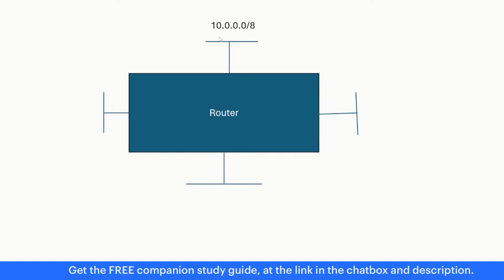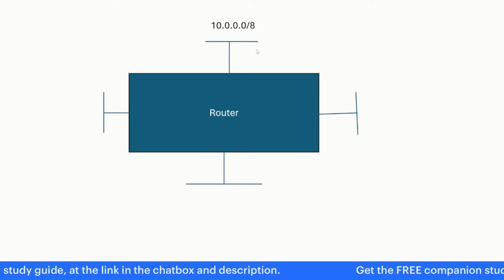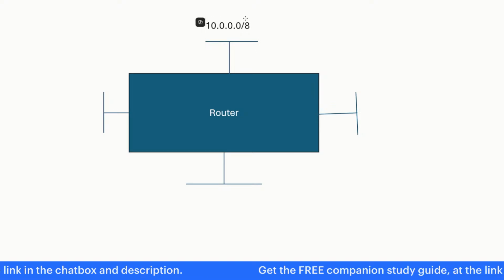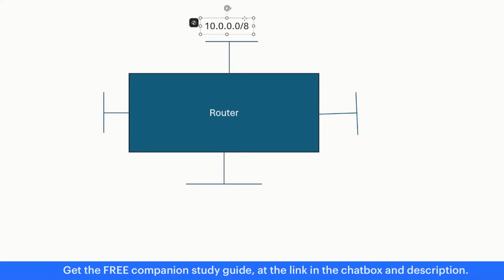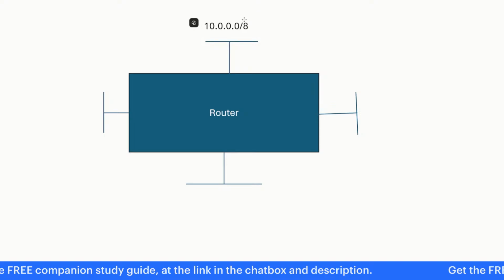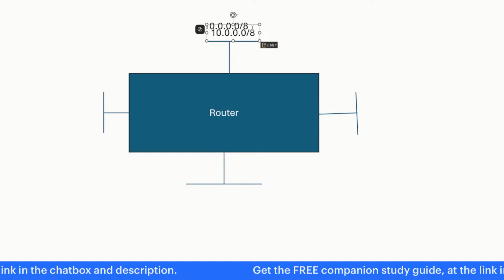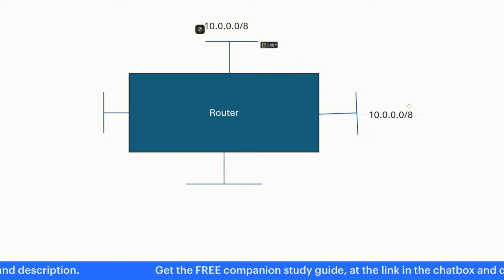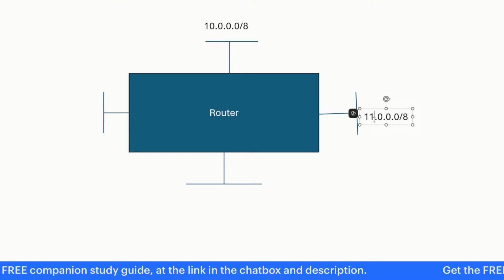Now, the 10.0.0.0/8 actually has approximately 16 million usable IP addresses in it. But if we put that on this interface, we couldn't use any of those addresses ever again. So that might mean we would need to use, let's say, this is now we're getting into a public address, so we're just going to ignore it. Let's just say this was 11.